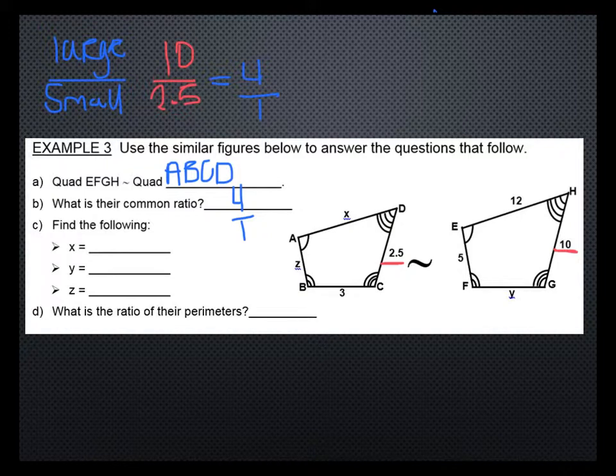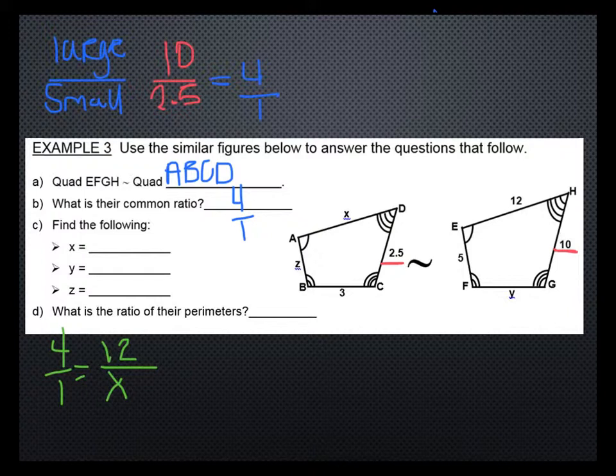Let's start with x. Start by writing down your common ratio, 4 over 1. Now we'll set up our proportion. X is the small, so it goes on the bottom of our fraction. 12 is the large, so it goes on top. So I have 4 over 1 is equal to 12 over x.